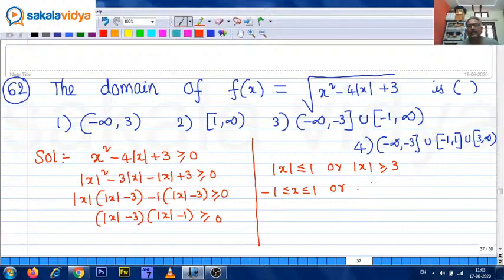So that means mod x greater than or equal to 3 means x is less than or equal to minus 3, or x is greater than or equal to 3. Write down all the intervals.